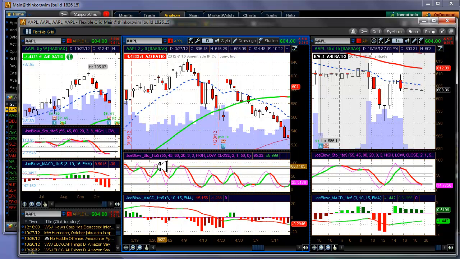But generally, as a rule, if the slower stochastic is dipping below the 20, or in a downtrend, if it's popping above the 80, that's a good time to consider entering.